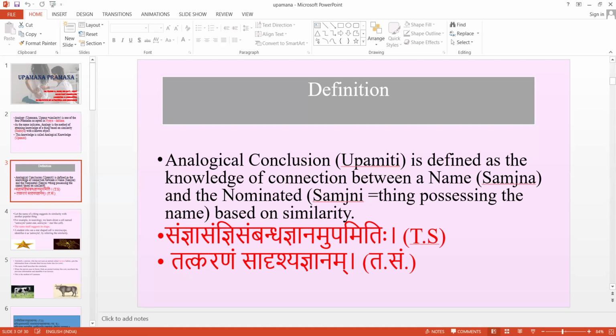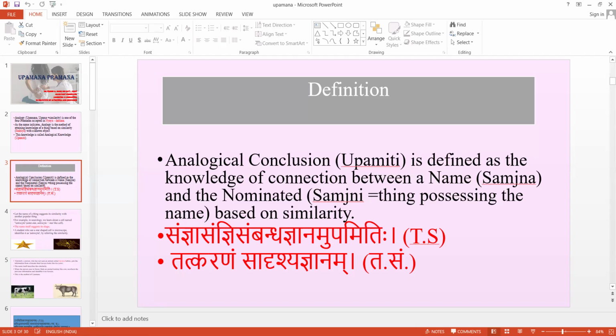To get Samjna Samjni Sambandha Jnanam, that is Upamiti Jnanam, we need one Karana, meaning one instrument. That instrument is called Upamana. That Karanam is Sadrishya Jnanam. Sadrishya Jnanam means similarity.